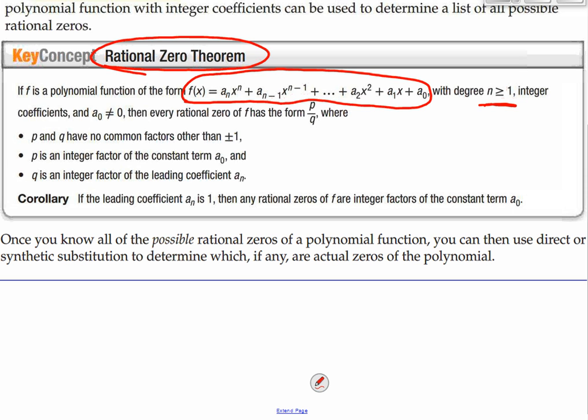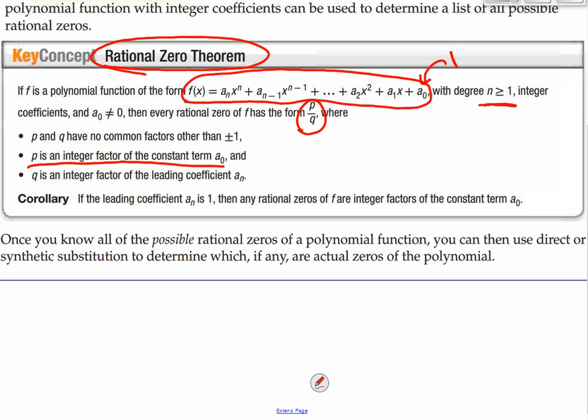Then every rational zero of f has the form P over Q. And to start with, you'll just be asked to list P over Q. And here's what P over Q is going to be made out of. P and Q have no common factors other than plus or minus 1. And P is the integer factors of the constant term a sub 0.